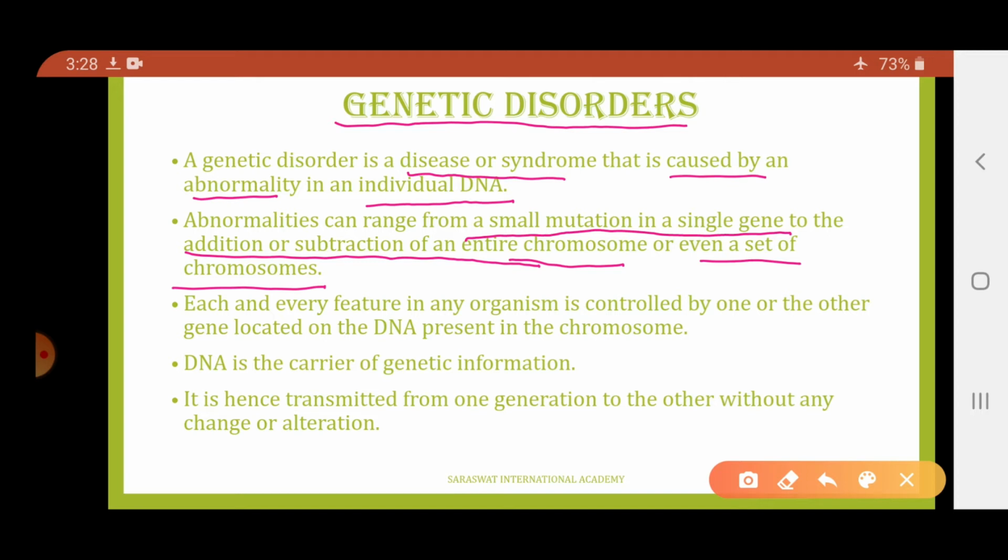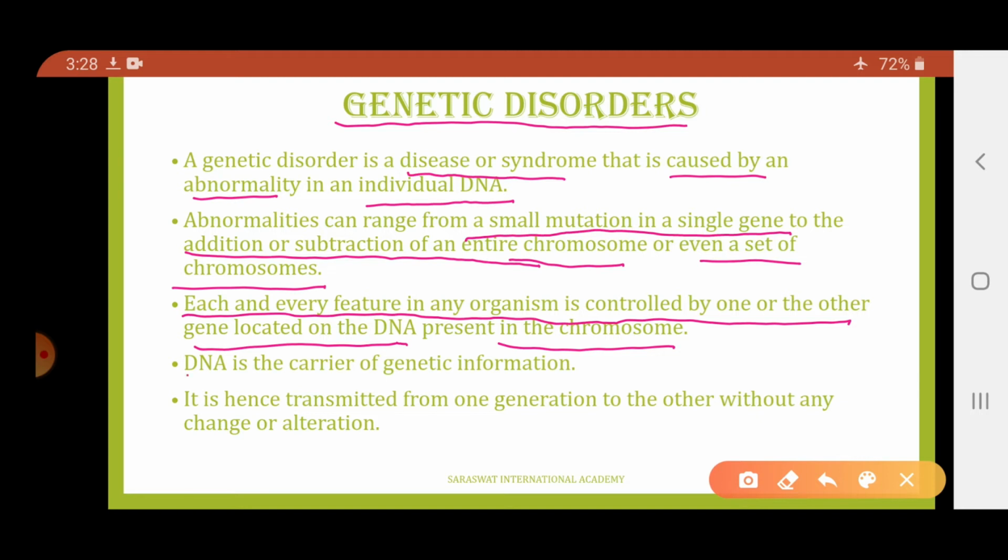Now students, we know each and every feature in a living organism is controlled by one or another gene located on the DNA present in the chromosome. Who controls every character of a living organism? A gene. Where are these genes located? On the DNA, which is on the chromosome.